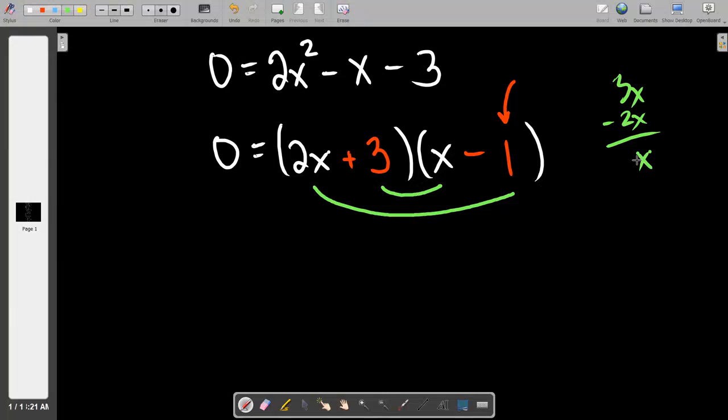But we didn't want 1x. We wanted negative 1x, right there where that green oval thing is. So just switch the signs. When you get the right number with the wrong sign, everyone is where they should be, just your signs have to change. So instead of plus and minus, we want minus and plus. You don't have to check it because you already know it's going to work.